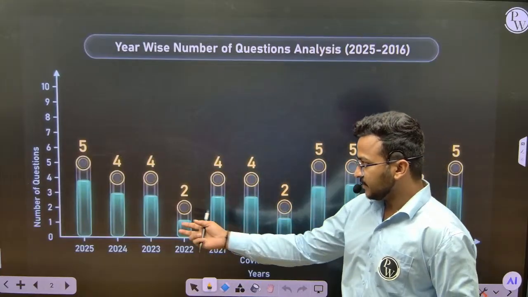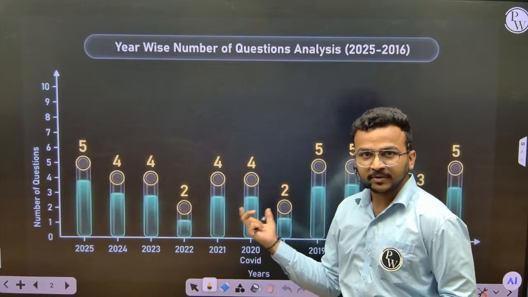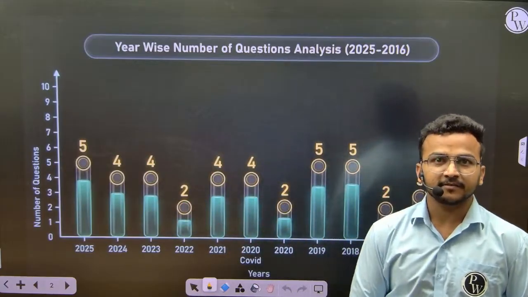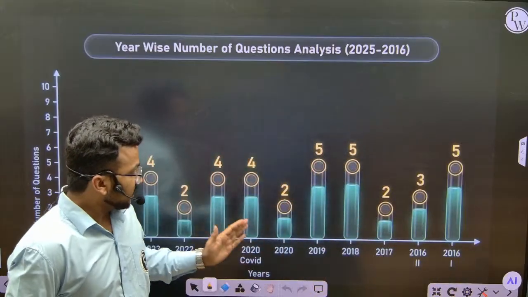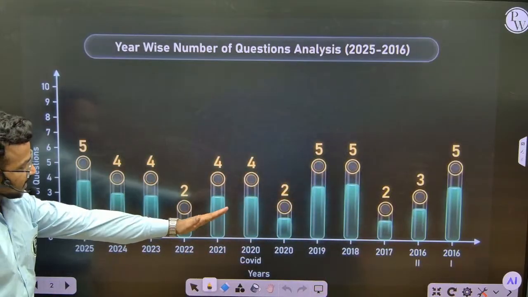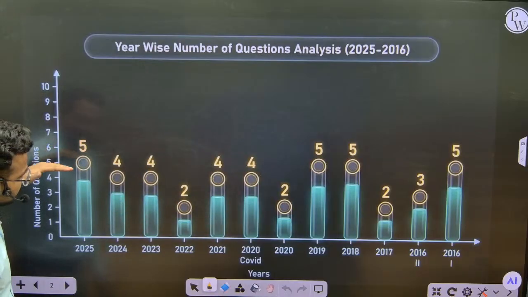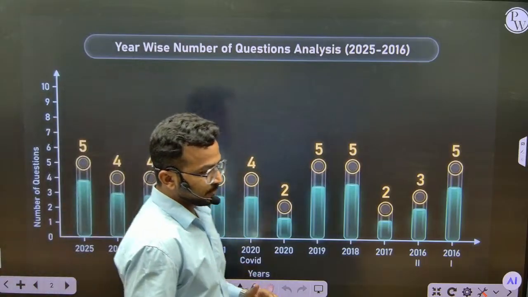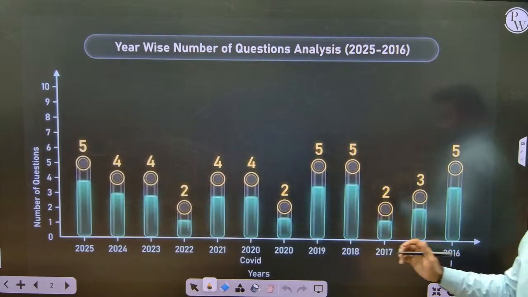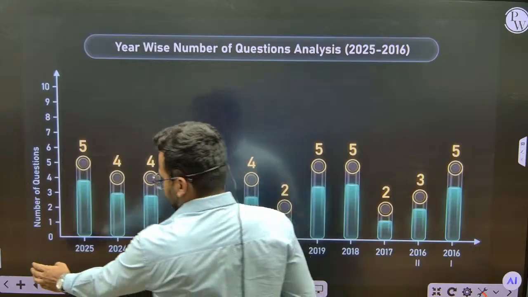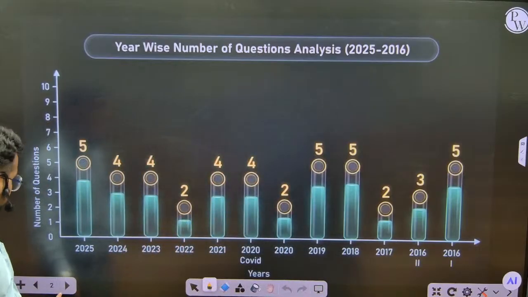Here you can see the clear picture of the year-wise analysis of class 11 and especially of this chapter. Year-wise, a minimum of 2 questions and a maximum of 5 questions have been asked. This shows that it has a lot of importance.